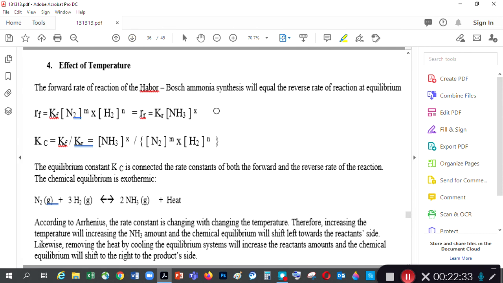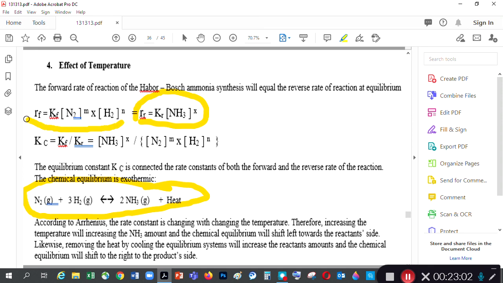Effect of temperature. Well, as you see in the reaction here, this Haber-Bosch process producing ammonia is an exothermic reaction, and we can reason about it this way. Here we have the rate of the forward reaction equal to the rate of the reverse reaction.